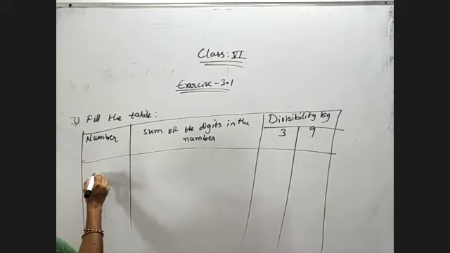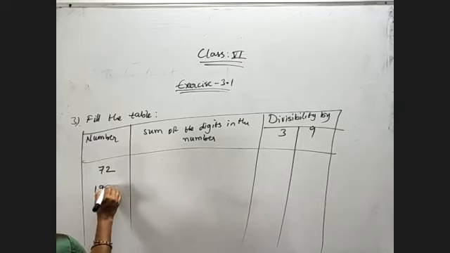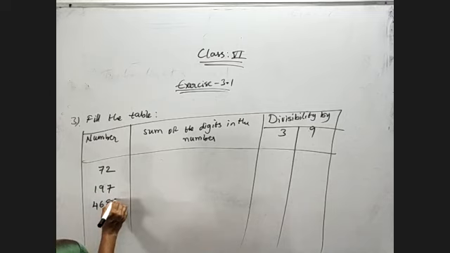So my first number 72, and next 197, next 4689, 79875, 988, 974.